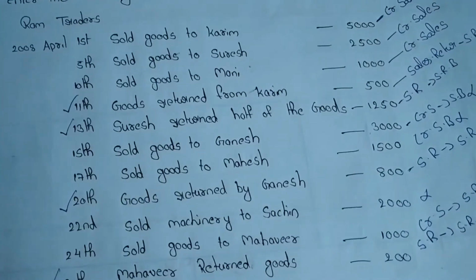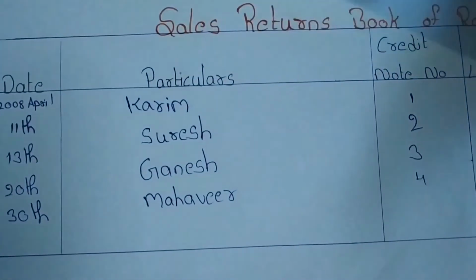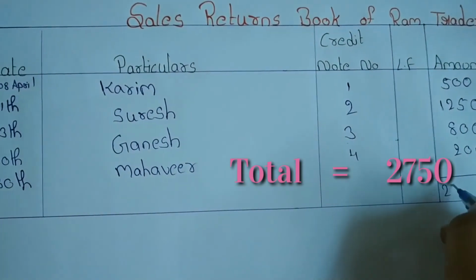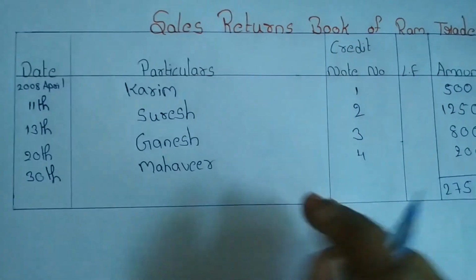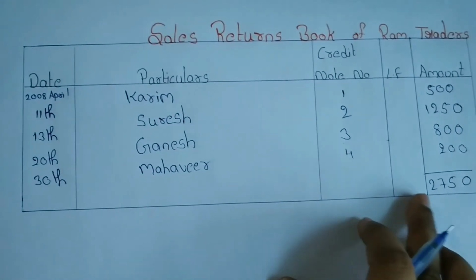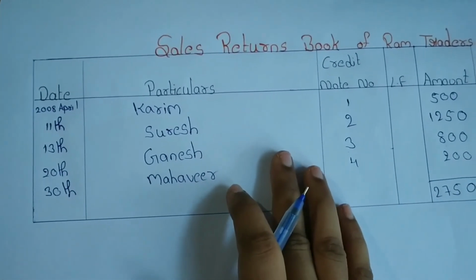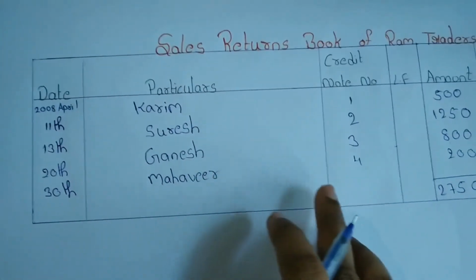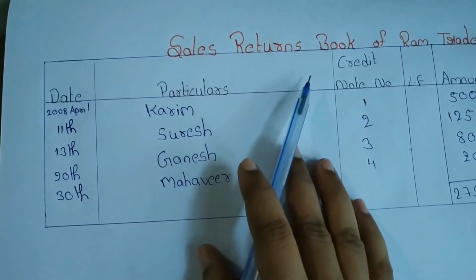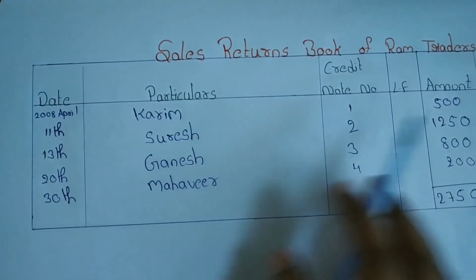So let's total the book. Okay, so the total was 2750. Okay, so in the month of April, 2750 of sales returns was done. So by using this book we can easily find the total sales returns that occurred in April. Okay, thank you.